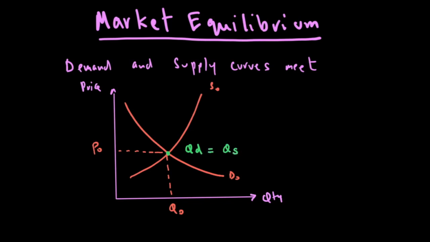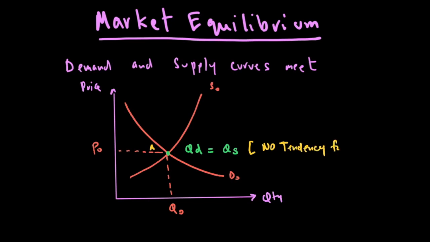Now, the reason why we call this equilibrium is an important reason. At this point, let's call this point A, where QD equals QS, there is no tendency for price to change.